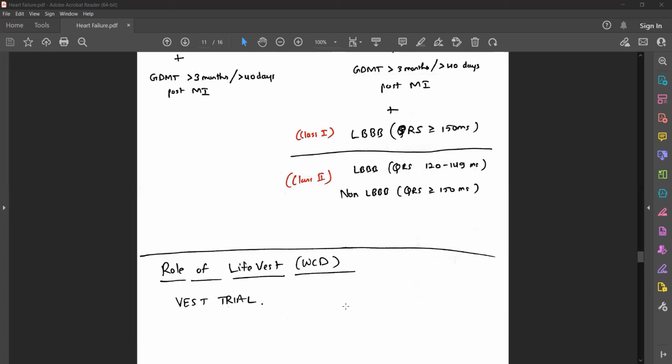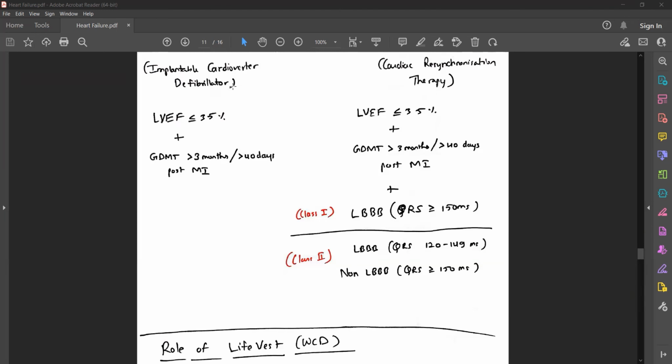But remember that it depends on the consultants as well. A lot of patients have good compliance. A lot of patients do wear it as they are explained, and they have had benefit from the life vest. So a lot of consultants will still choose to give a life vest in the patients in this interim period before an ICD placement.